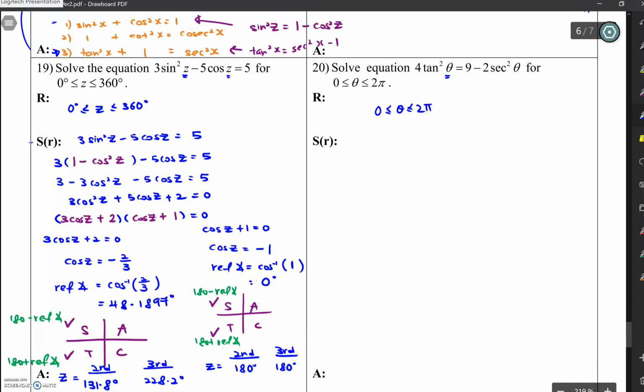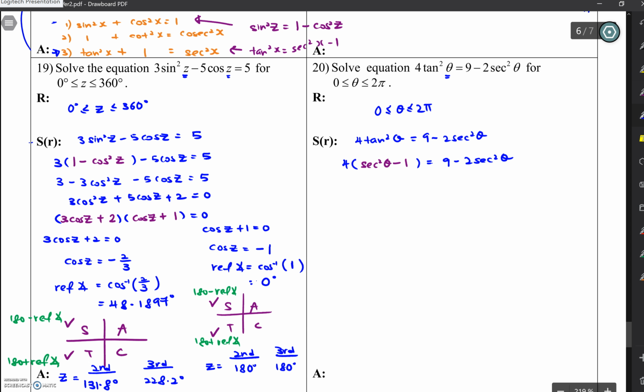Now, next step. So I write down the question. Tangent square theta equals to 9 minus 2 secant square theta. So let's just substitute our value in. Where I'll just replace the tangent square with secant square theta minus 1.